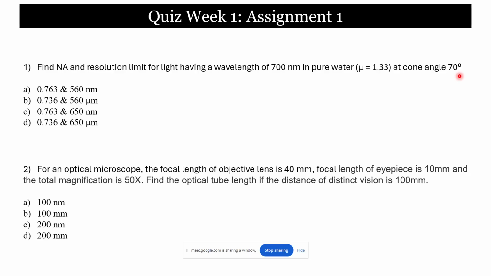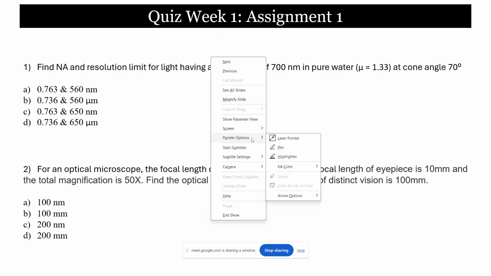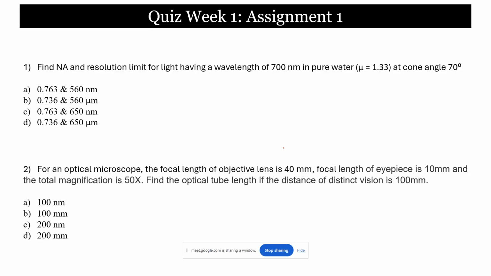So this cone angle is basically this complete angle. But we know the numerical aperture NA is given by, does anybody know this formula of numerical aperture?